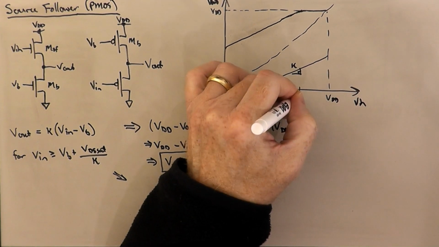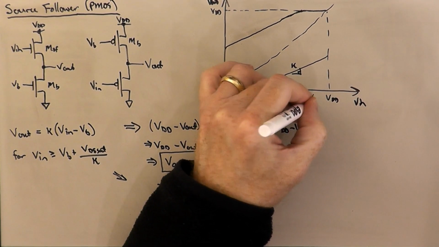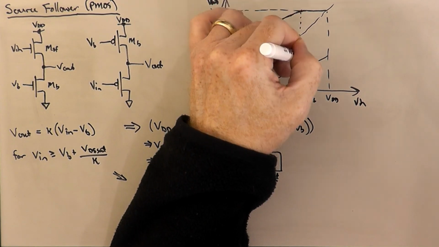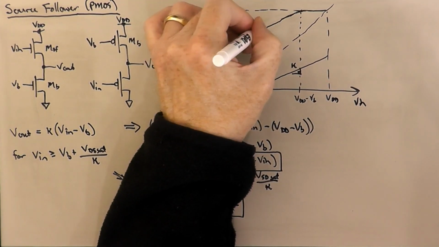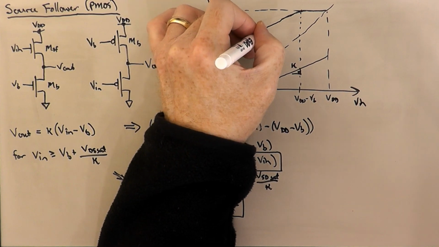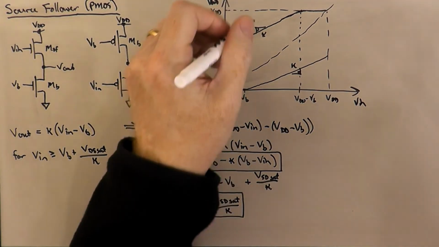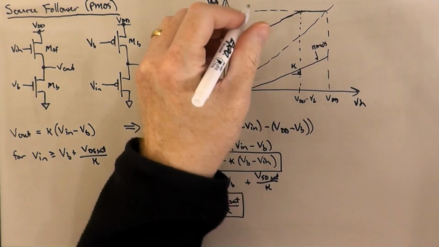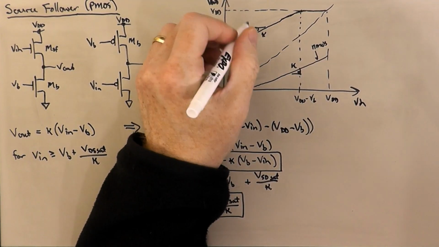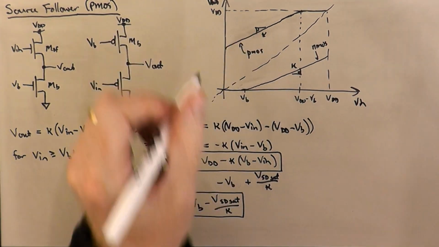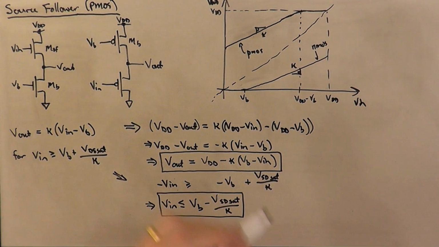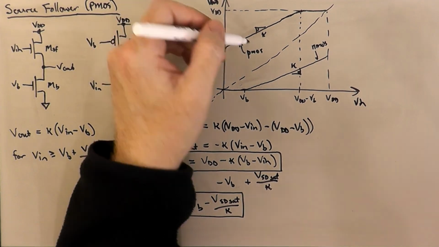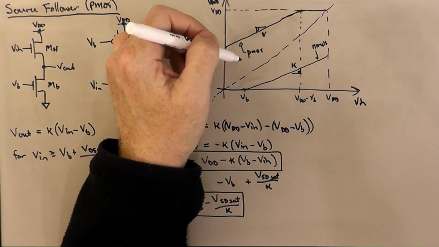So this would be VDD minus VB and this slope would still be kappa. And so this is the NMOS version of the characteristic, and this would be the PMOS version of the characteristic. So what was true up from ground is true down from VDD, on both axes.